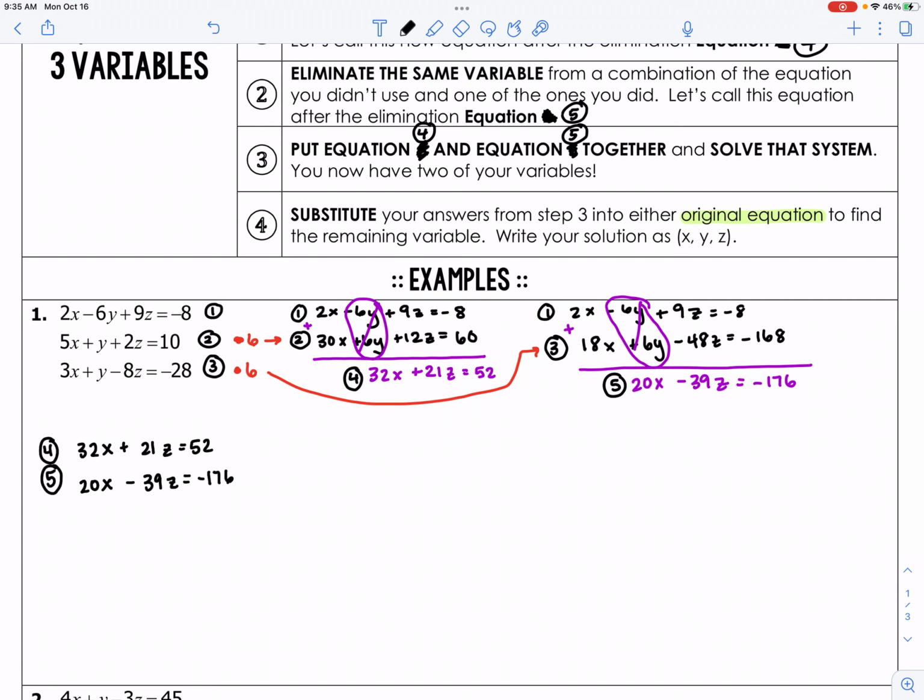So just looking at those two, I can't see a zero pair right away. These numbers are really big. But if I look for my multiples, let's say I want to eliminate my x's.